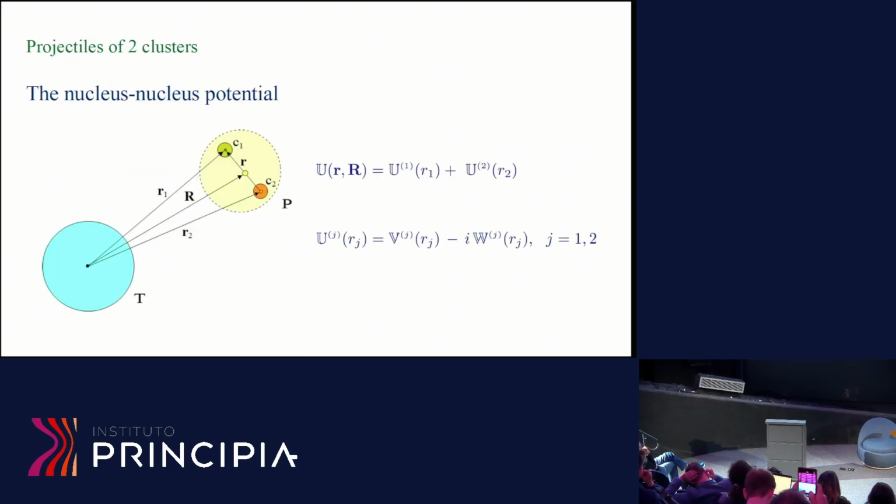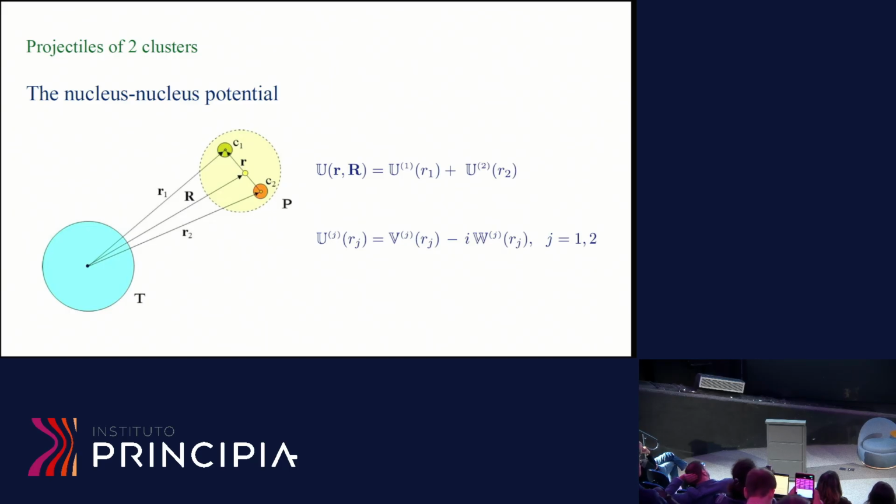The situation is more complicated when one deals with weakly bound projectiles. In this case, the set of states of the projectile includes the breakup channel, which means including the continuum. And then one ends up with an infinite number of states, and this is very complicated.